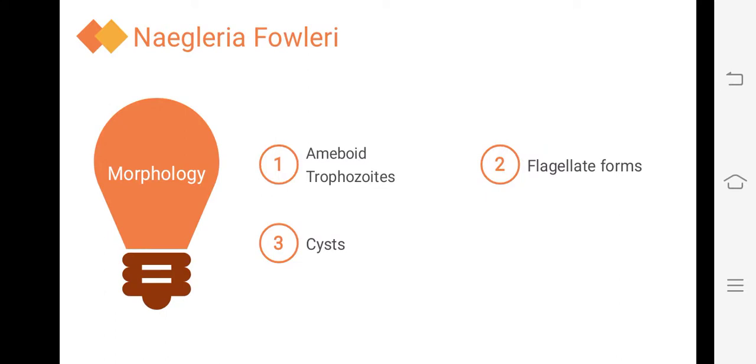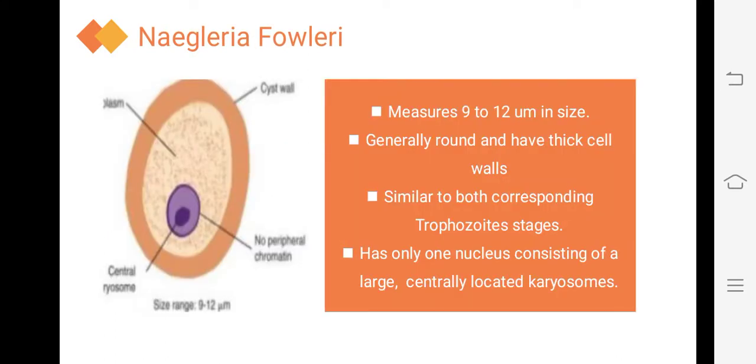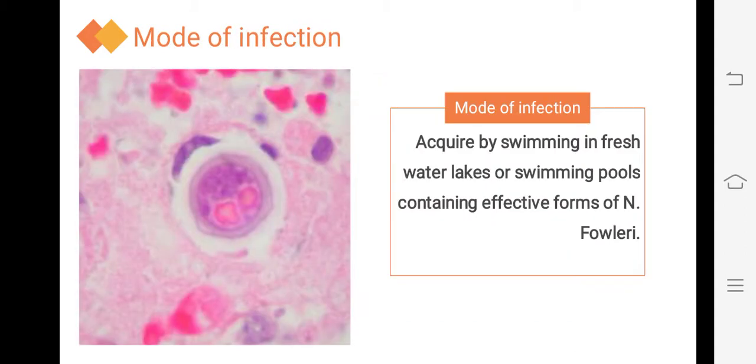The next one is the cyst, which is usually round but has a thick cyst wall. It is similar to the trophozoite stages and has only one nucleus consisting of a large, centrally located karyosome here.